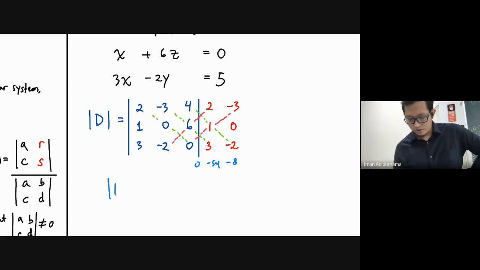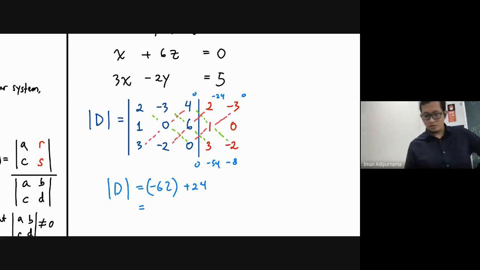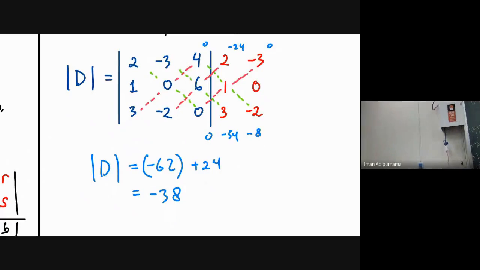So D is negative 62, 0, and 0. So what? The negative 38, right? Okay. Can you calculate? Is it correct? Correct.